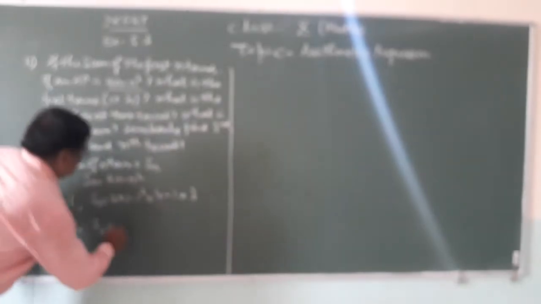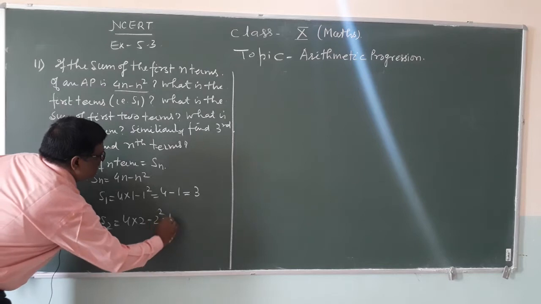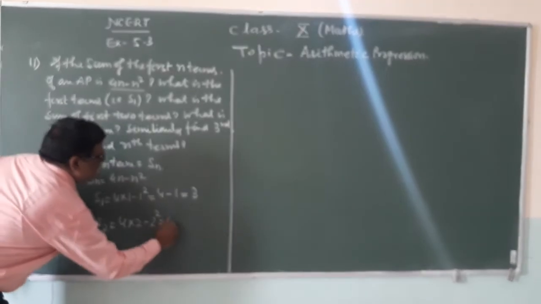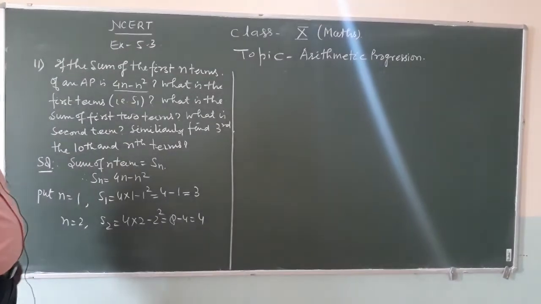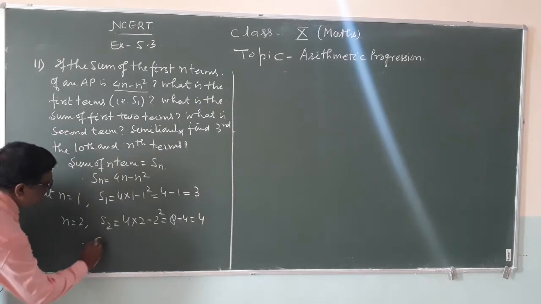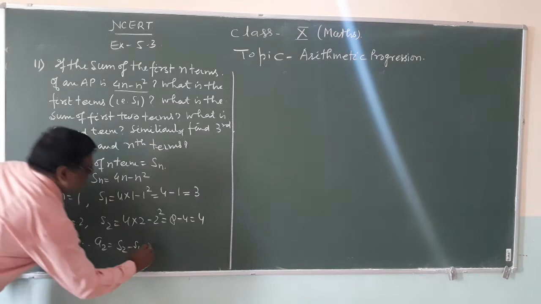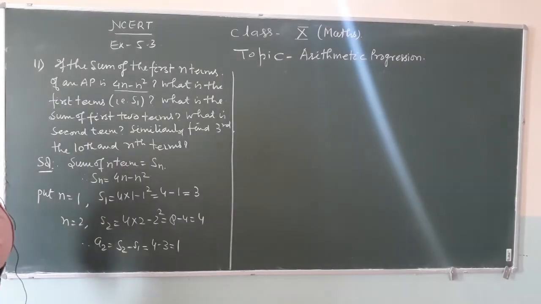So, S2 is equal to 4 into 2 minus 2 square, that is 8 minus 4, which is equal to 4. So, for the second term, A2 is equal to S2 minus S1, that is 4 minus 3, which is equal to 1.